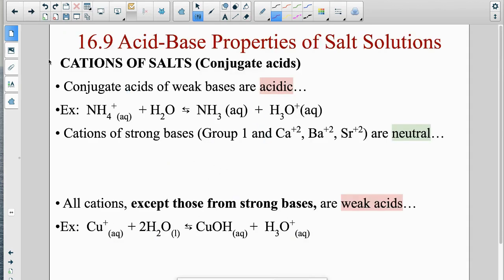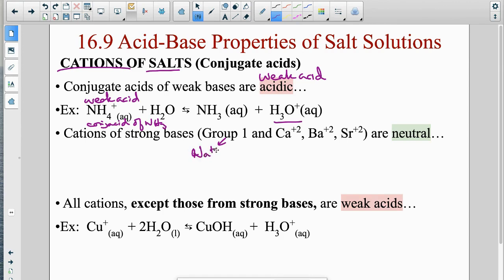Now, if we look at the cations, cations of salts are conjugate acids. So the conjugate acid of a weak base is a weak acid. So any weak base, the conjugate acid of that weak base, such as NH4 plus, this is the conjugate acid of NH3, which is a weak base. So therefore, this is a weak acid and forms some H3O plus in water. On the other hand, cations of strong bases are all our group 1s, remember?